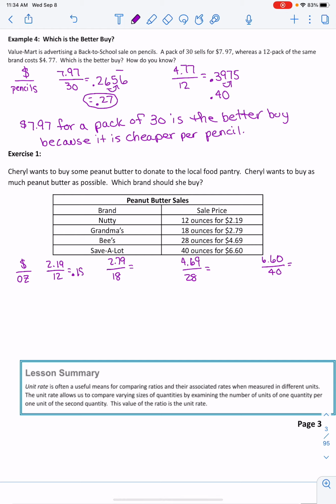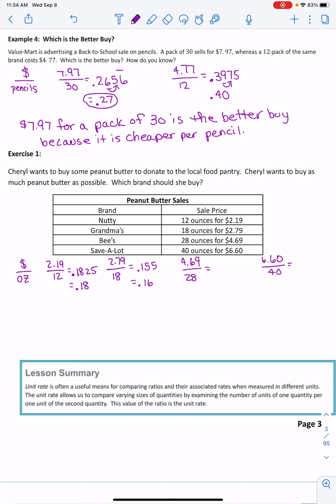Well, when we divide each of these, for the first one, we have 0.1825, which will round to 18 cents per ounce. For the $2.79, we have 0.155, which will round to 16 cents an ounce.